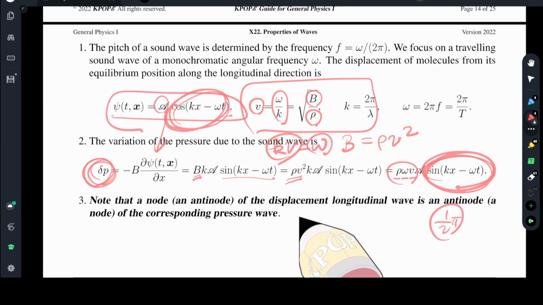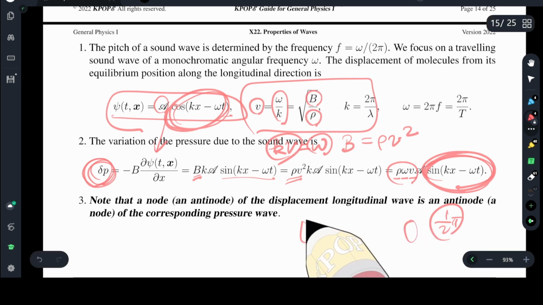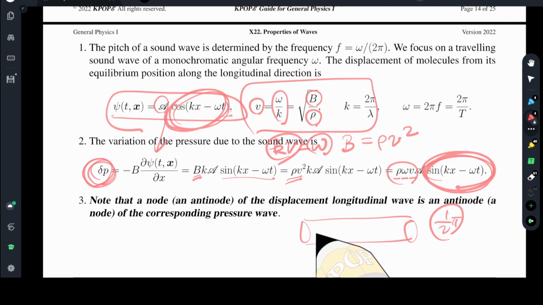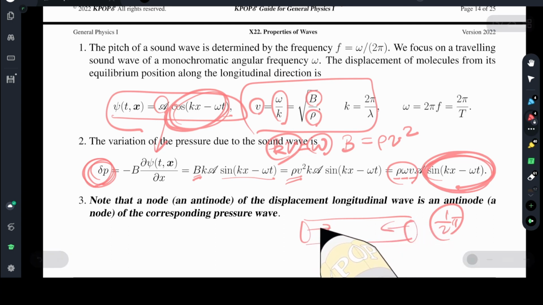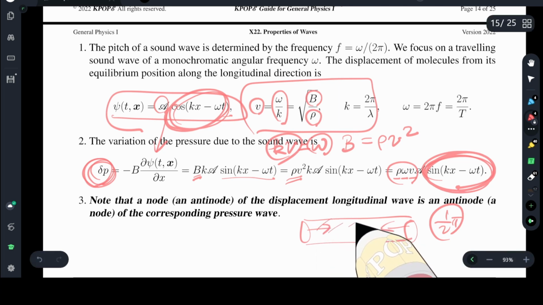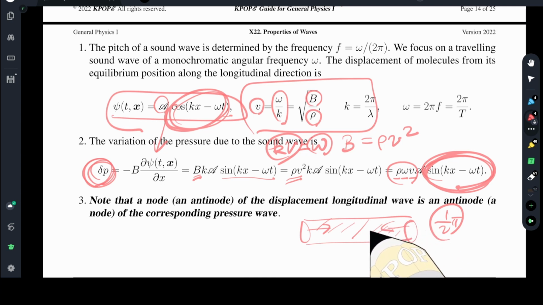We have an experiment of complete destructive interference between two speakers in a pipe. This one generates a sine wave, this one generates a sine wave, and then suddenly the sound disappears because of this complete destructive interference.